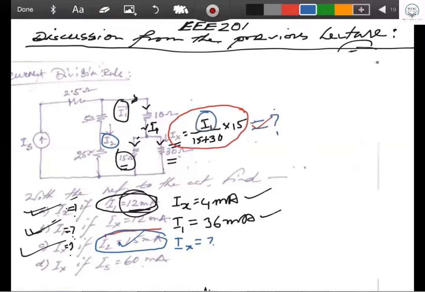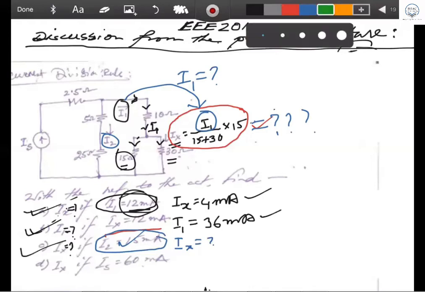If you get the value of I1, you can easily find the value of Ix, which is what is being asked. You need to find the I1 value first, and then substitute it into this equation to get the value of Ix. The question is, how can you find the value of I1? Let us go with that.